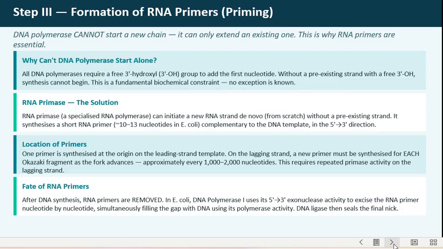As we study this and prepare for the test and the exam, make sure you're always correct on the directions. So when the primers are being synthesized, they are short RNA, approximately 10 to 13 nucleotides, and they're complementary to the DNA template, which is going to be used to synthesize what?